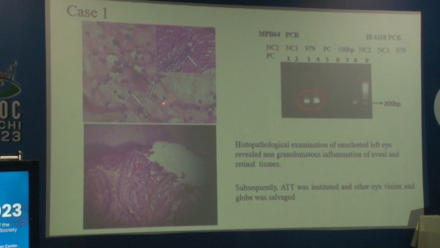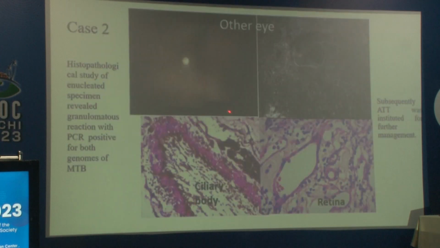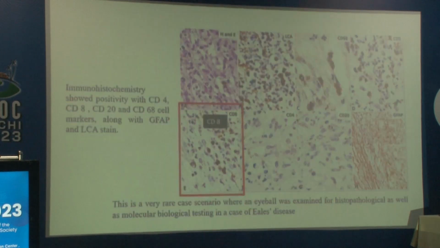And really, it was fascinating to find Mycobacterium tuberculosis DNA by PCR in the enucleated tissue specimen and show the inflammatory cellular infiltrate. And this is a case which has other eye features suggestive of Eales disease, but histopathology showed vascular channels surrounded by lymphocytic infiltration. And these lymphocytes, interestingly, were CD8 T suppressor cell positive and CD3 positive.